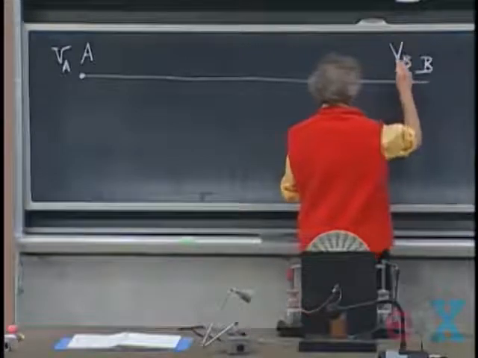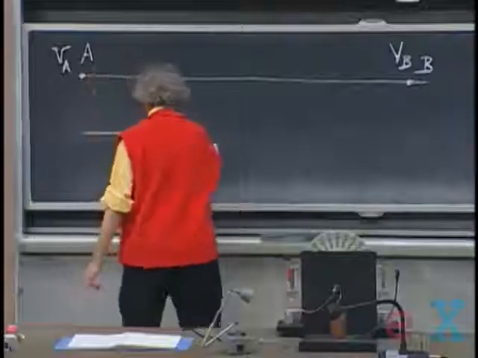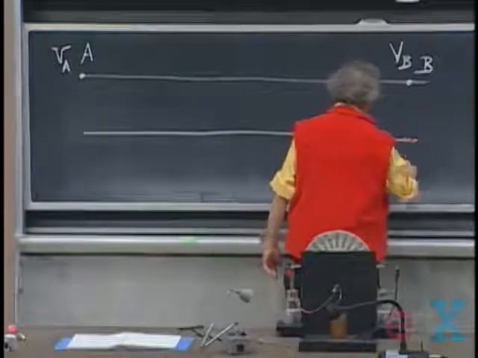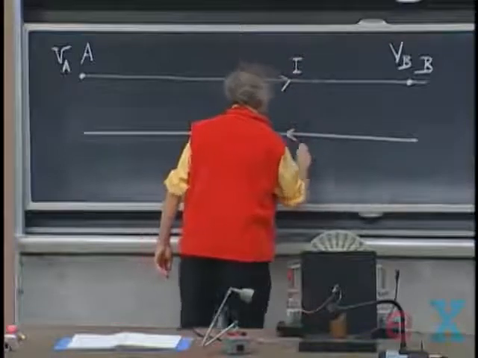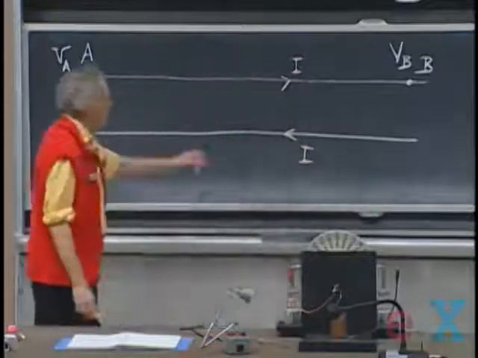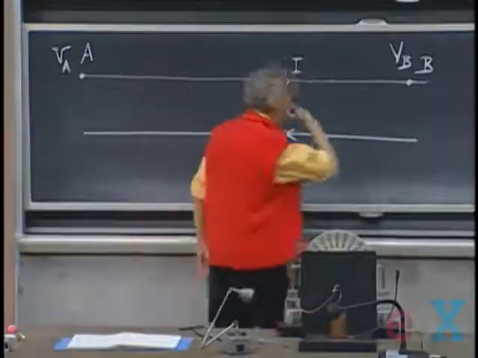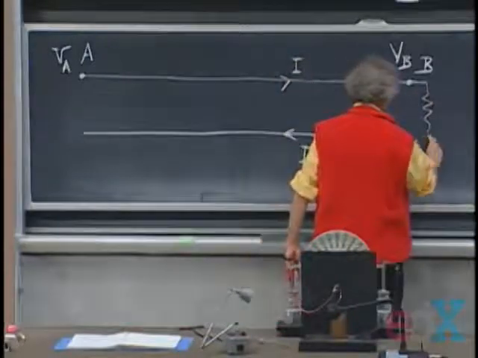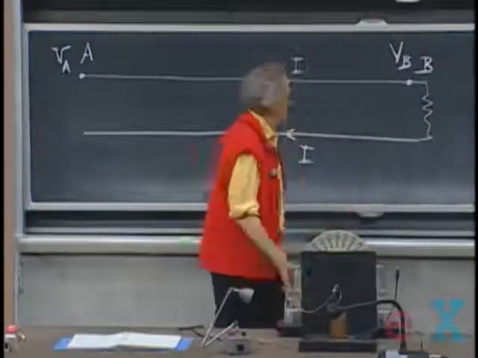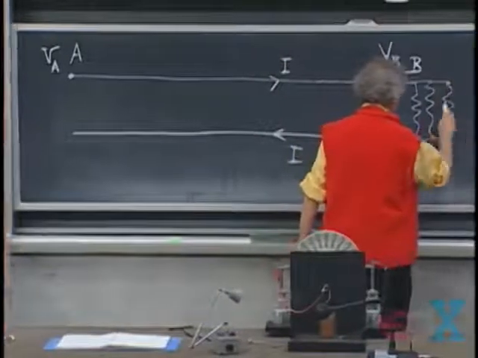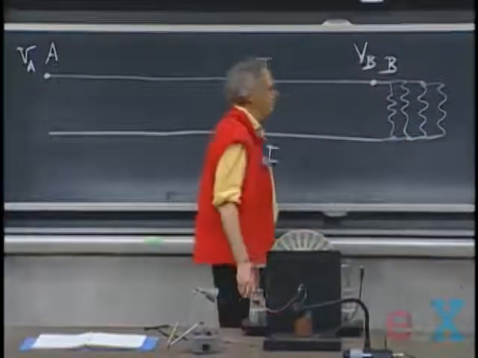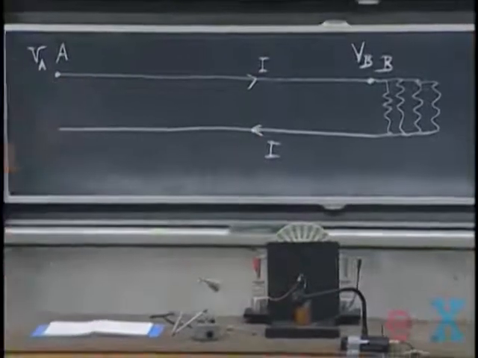And the potential here in this line is V of B. And here's a cable for the return current, so the current goes like this, and the return current is in this direction, and here you use this energy. You hook up your computer, you hook up your hairdryer, your heaters, electric toothbrush, your TV station, everything.